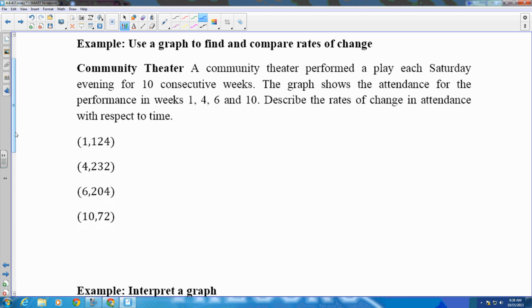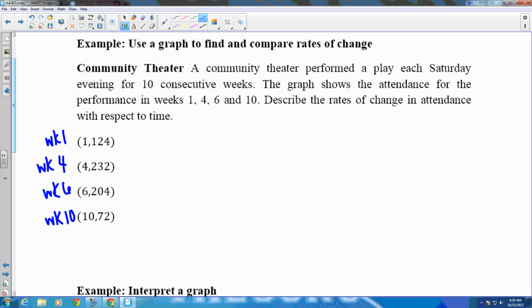The community theater performed a play each Saturday evening for 10 consecutive weeks. The graph shows, or our points show, the attendance for the performances in weeks 1, 4, 6, and 10. Describe the rates of change with respect to time. So we're going to do each one.